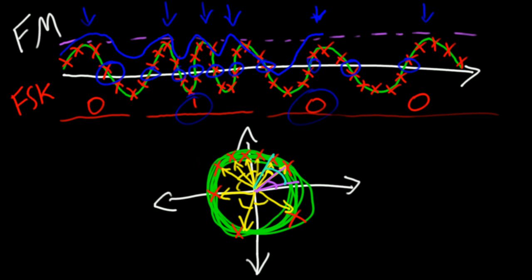Of course, subtracting is very easy, and determining the angle may not be. Remember that this is IQ. So what we have at our disposal is the information of how far over this way and how far up this way this sample is here. And in order to determine the angle from those two numbers, I and Q, can you think of a way to do that?